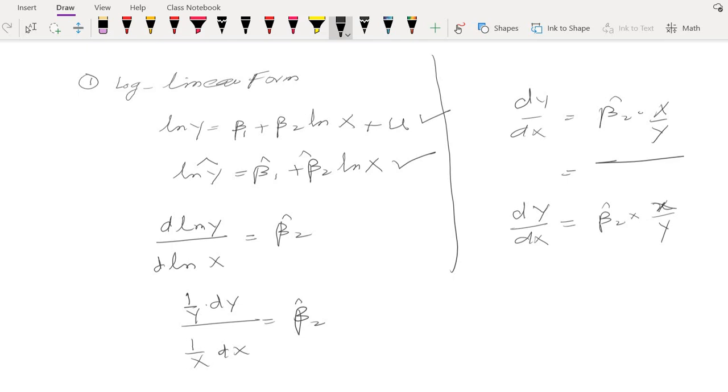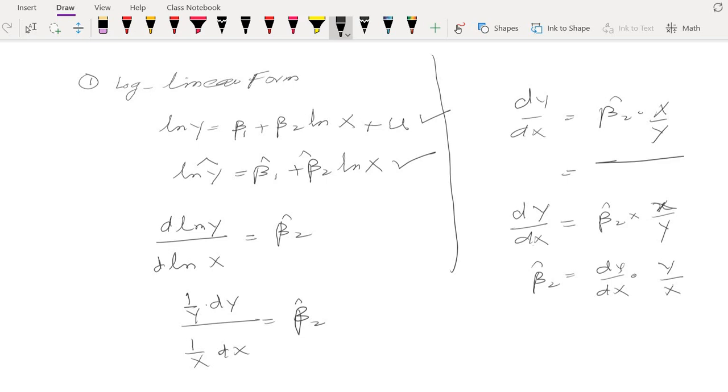Sorry, this should be capital, right? And if I want to find beta 2 hat, I shuffle these terms to the other side. So beta 2 hat is equal to dy over dx multiplied by, if I shift this term to the other side, it will be inverted, and that will be y over x.